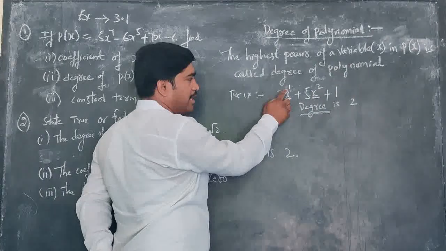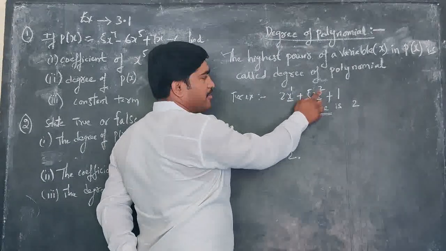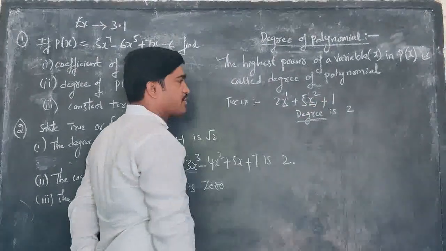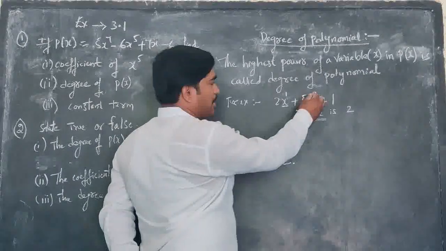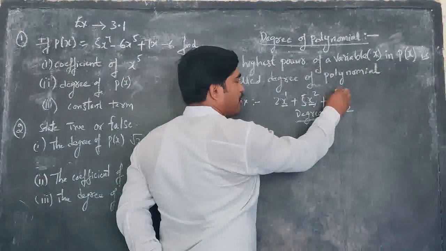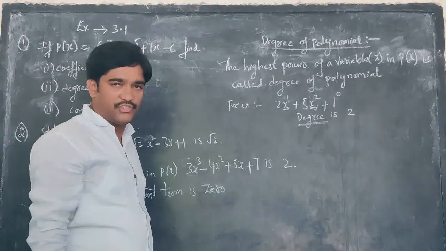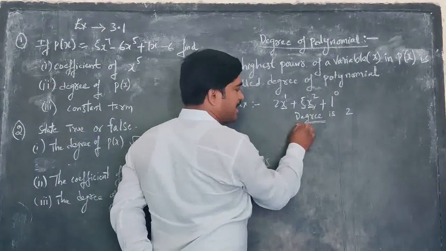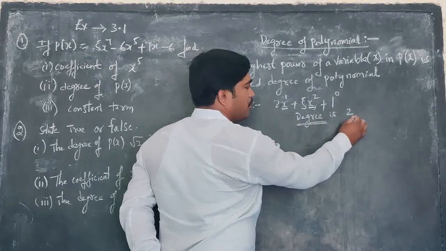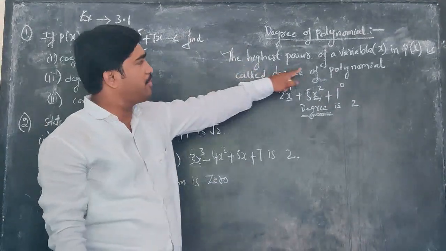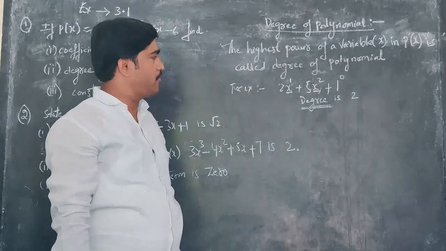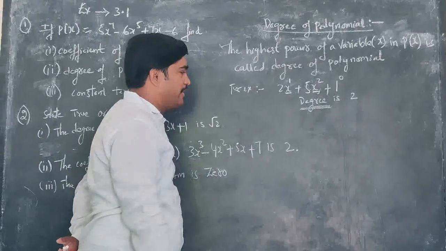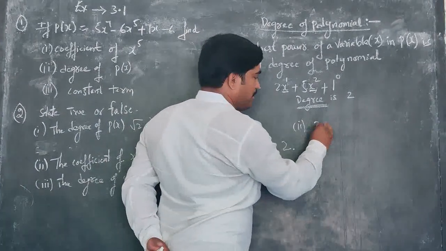Now check out, 1 is smaller and 2 is greater. Among x and x square, we conclude that x square has the highest power. When the constant is there, its power is always 0. Now what is the highest value among the powers? 2. So what is the degree we should conclude? The degree is 2. The highest power of a variable x in p of x is called the degree of a polynomial.